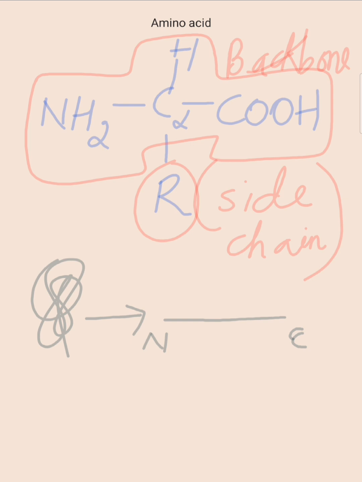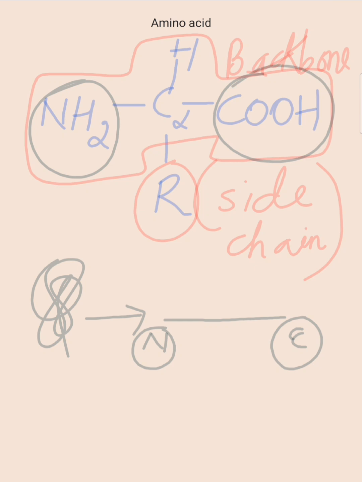So you must now understand that this particular N is actually the NH2, and this particular C is actually the carboxylic group or functional group which is attached to the alpha carbon.